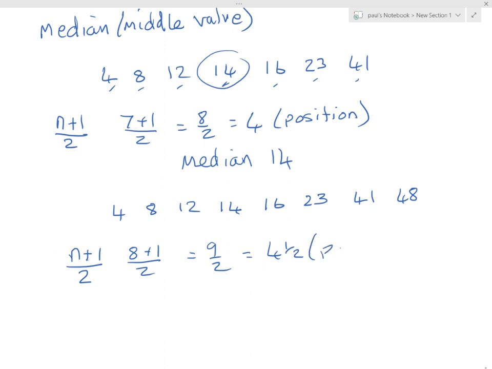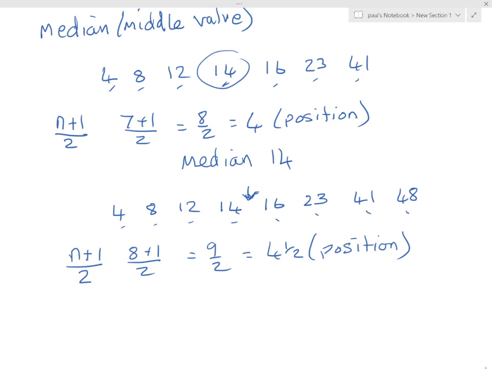Again, this is the position, not the actual number. So we count 4.5 in from either end: 1, 2, 3, 4.5. It's in between 14 and 16. In this case, it's obvious that it's 15, but if these were all decimals and all sorts of weird numbers, it might be more difficult to find the middle value.